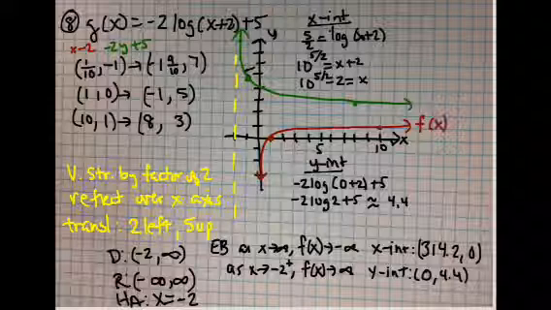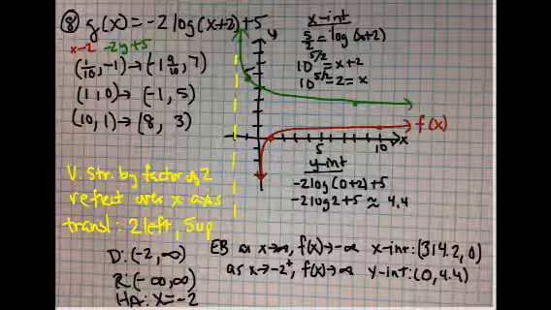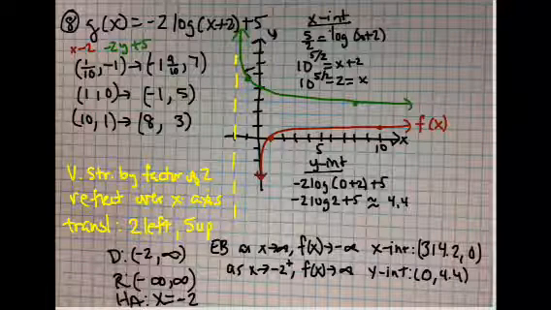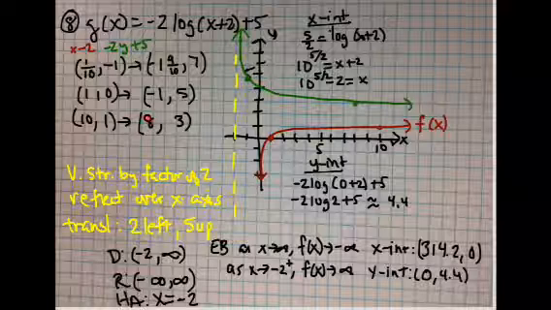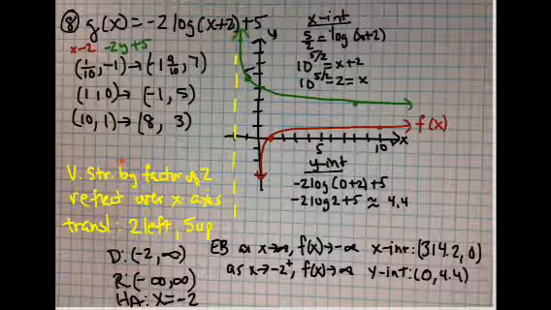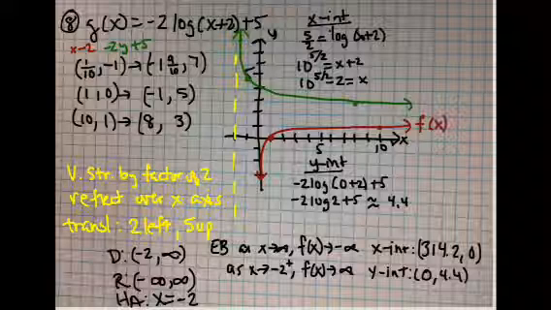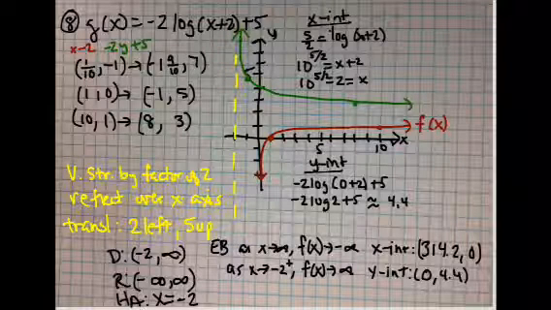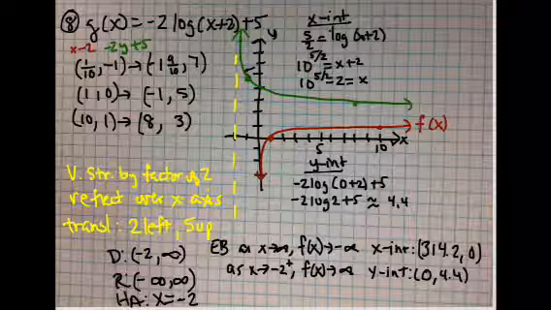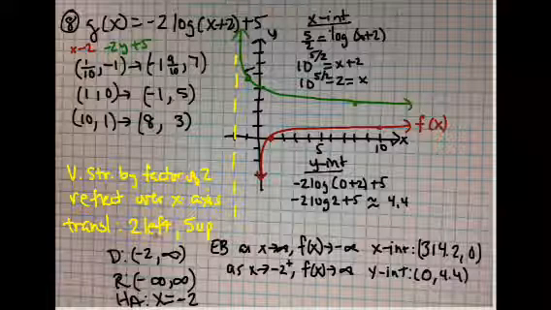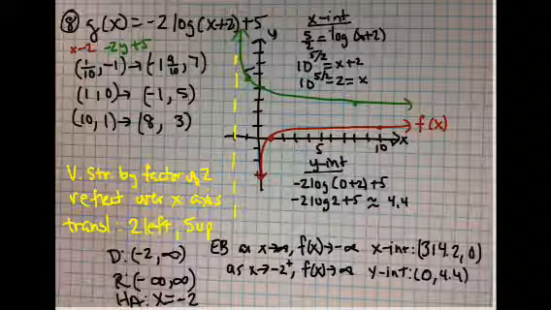Okay, so here's the whole thing for number 8. The reference points, the transformed points, the description of how we got g of x from f of x right here: vertical stretch, factor of 2, reflection over the x-axis, translation left 2 and 5 up.